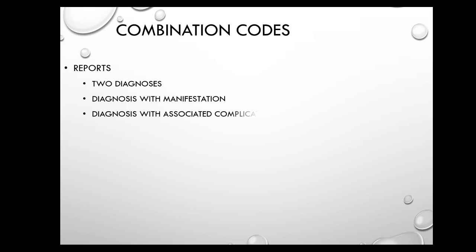Now we'll discuss combination codes. A combination code is used to report two diagnoses, or a diagnosis with a manifestation like we saw with the diabetic retinopathy. It can also be used to report a diagnosis with an associated complication. Here's an example, K80.00, acute cholecystitis with cholelithiasis.